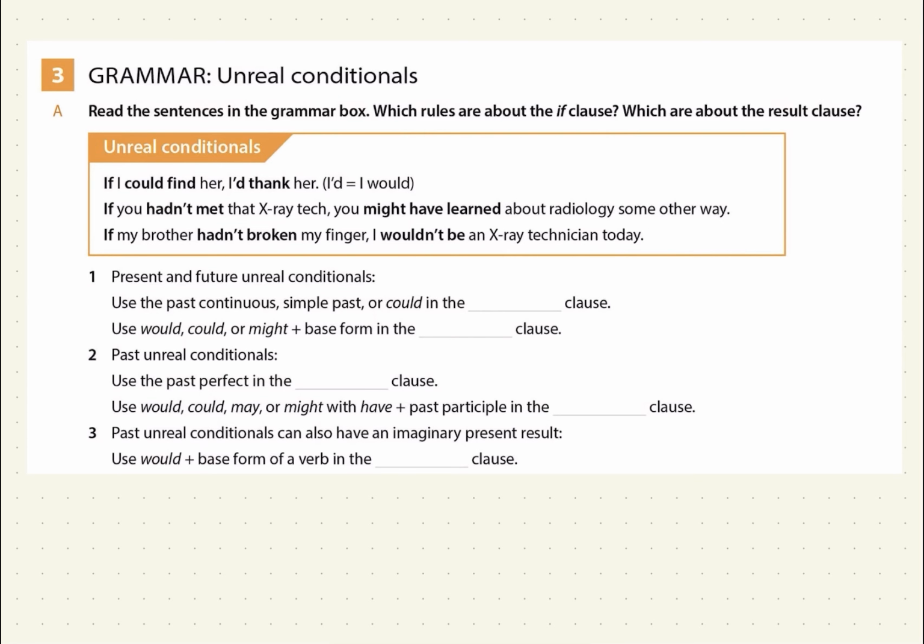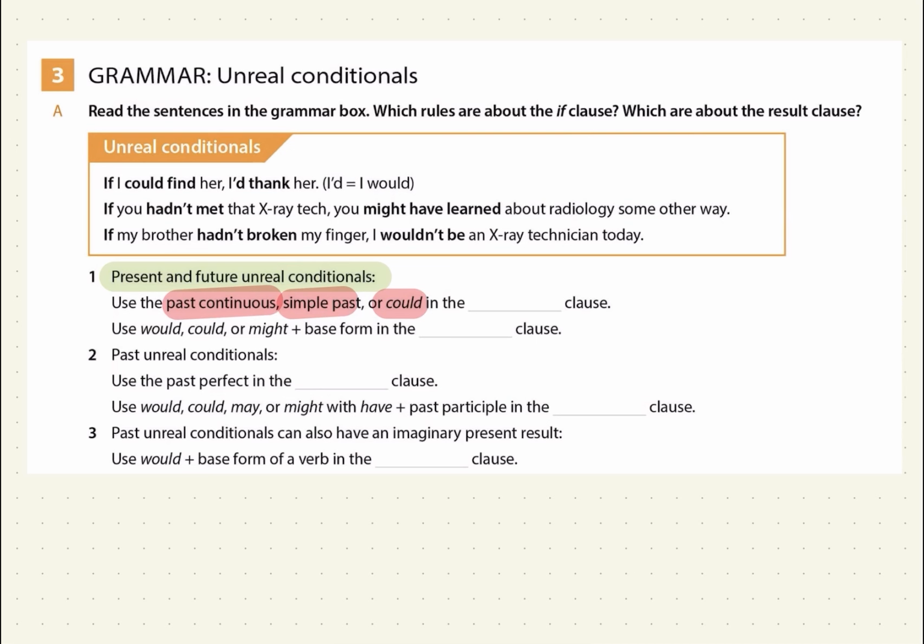Okay, now let's fill in the blanks together to check if you understand. Alright, take a look here. Present and future unreal conditionals. Use the past continuous, simple past, or could in the blank clause.